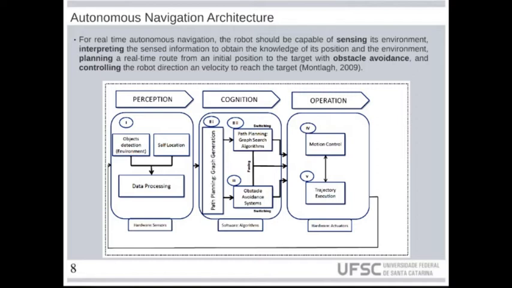So the robot must perceive the environment, and there is also the cognition phase, which involves the path planning and obstacle avoidance algorithms, that's the software. In this perception, it's the hardware, with also a little bit of software for processing the localization, the self-location of the vehicle, and detecting environments. And later the operation phase uses the motion control and the trajectory execution.